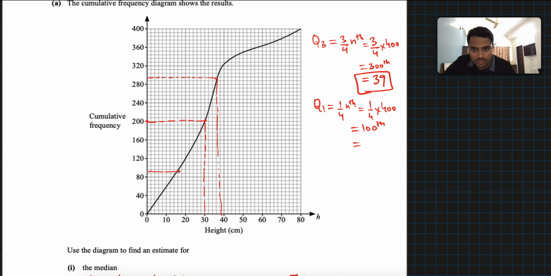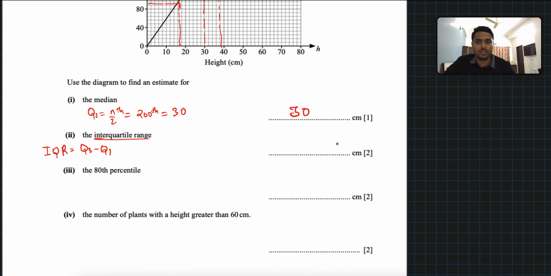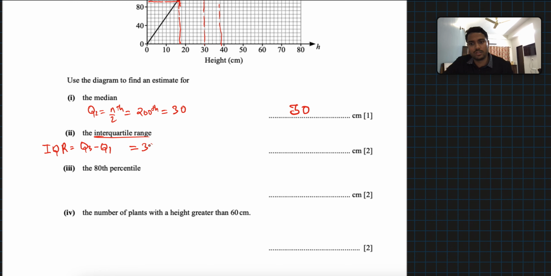So from here we will get 80, 90, 100, less than this. So this is going to be somewhere 19. So yeah, Q3 minus Q1, 39 minus 19, that is 20. So that is 20.